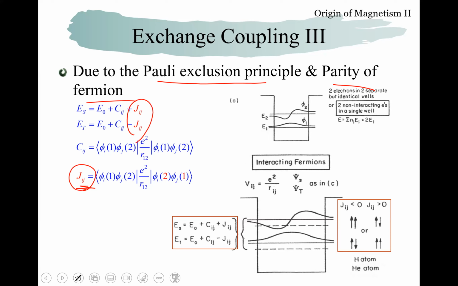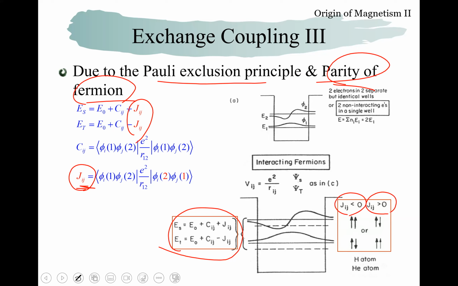So for the interaction energy with consideration of the spins, we have two energy states, plus J and minus J. Because of the parity of the fermion, the total spin of the system must be like this. The J interaction can be negative or positive, depending on the details of the spin configuration.